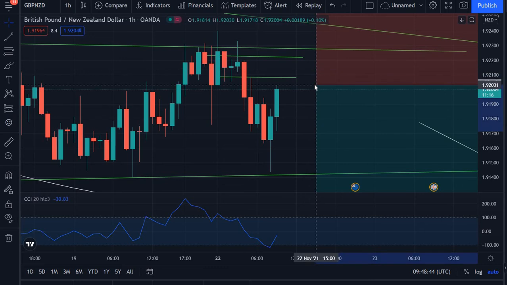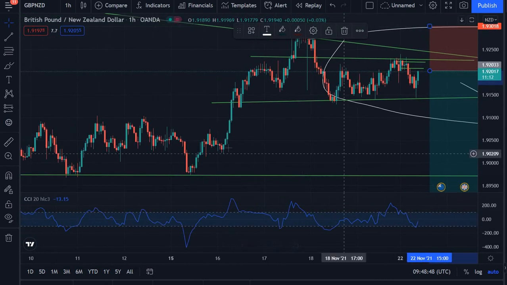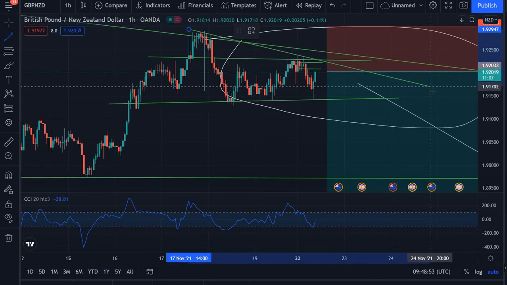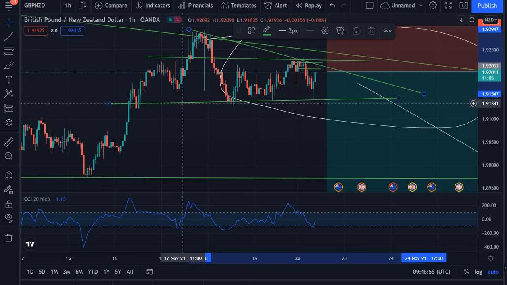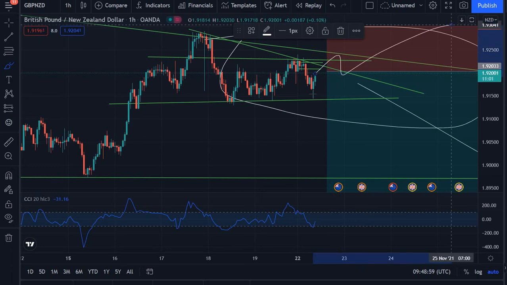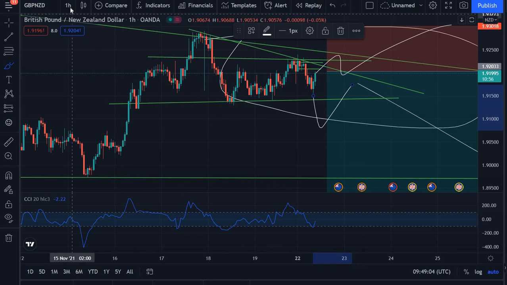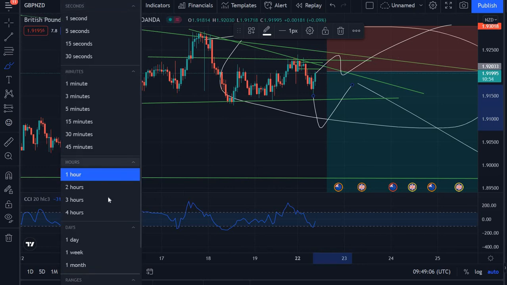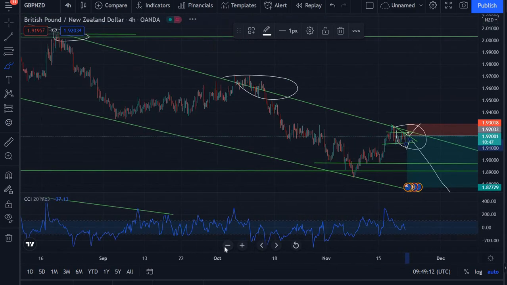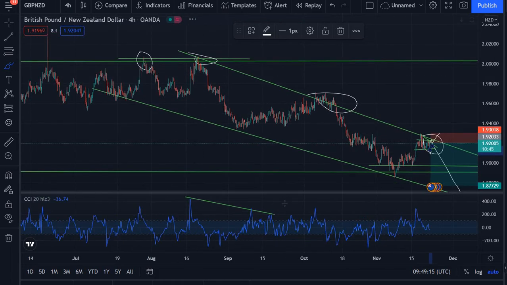So if we enter now, this would be this kind of trade, because at the moment this here could still be a triangle and we could see a breakout to either side, maybe with a kind of a retest, but in general I am bearish on the British pound, New Zealand dollar, since on the bigger time frames we are heading down.